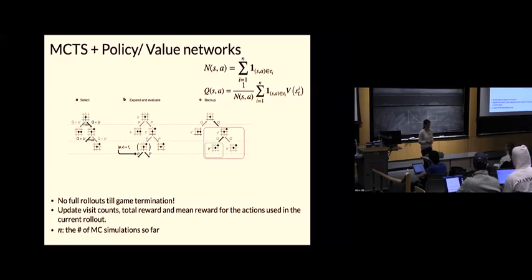Here we ignore the random rollout. There's no rollout. Nobody's going to try to play from that leaf node till the end of the game. We're just going to feed the leaf into our value network. Do you agree with what our colleague said? I also think we had some weighted sum.